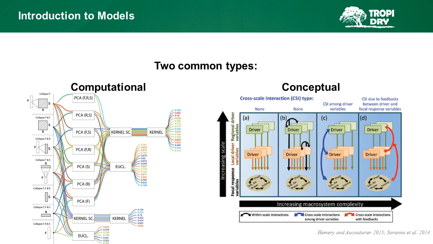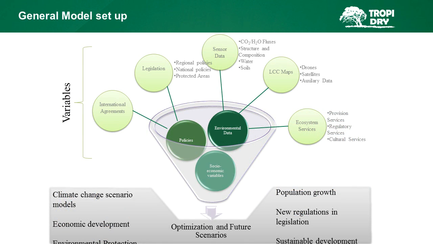When looking at this slide, we can see that the shape used to describe the general model setup here is used as a funnel, taking large amounts of information and consolidating it down. When we look at the three circles within the funnel, we can see that there are socioeconomic variables, policy variables, and environmental data.